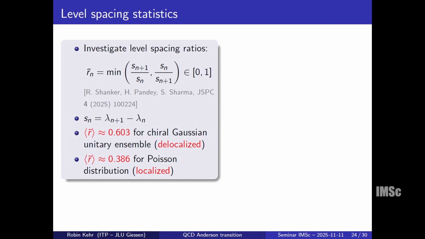So it's this one for the delocalized ones, and there for the expectation value of R tilde, roughly 0.6 is predicted. And the localized modes follow Poisson statistics, and there it's predicted to be at roughly 0.39.